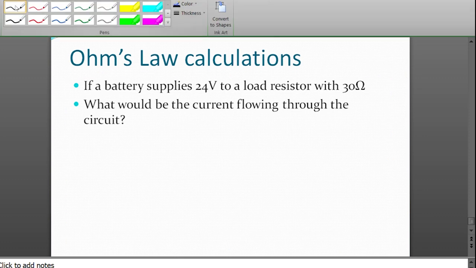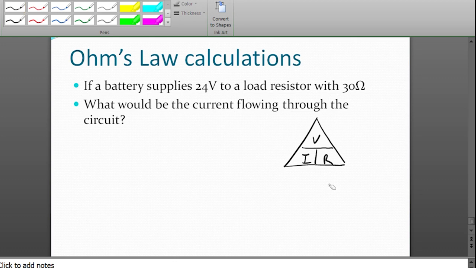Ohm's law triangle, right? From which we derive all our formulas when we are trying to find voltage, resistance, or current.